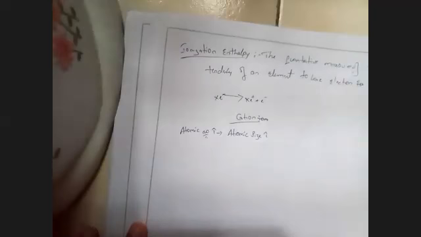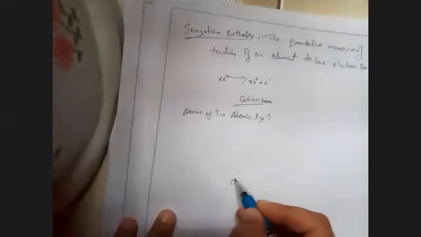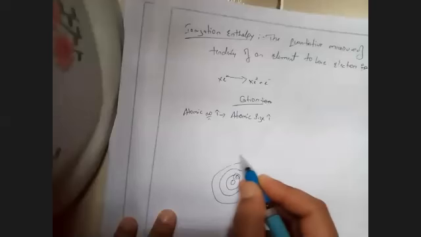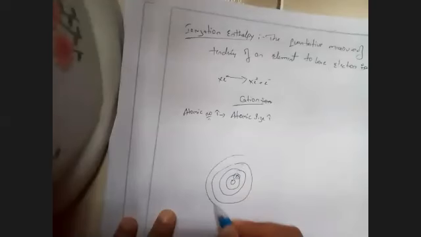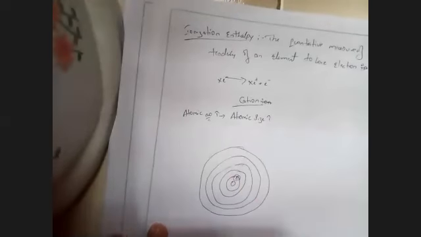If atomic number is increasing, atomic size also increases. For example, if 2 electrons are there, they will arrange in the first orbital. If it is 5, they will arrange in the second, and so on. So if the number of electrons increases, the number of orbitals also increases.